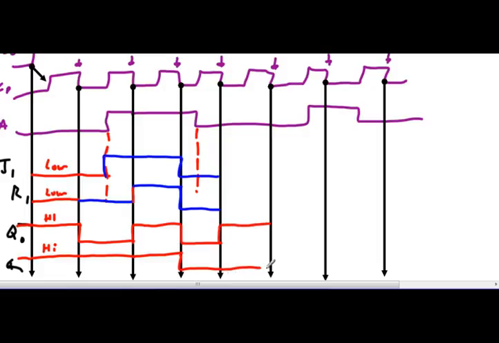Q1 stays the same because we're at a 0, 0, which is a hold. The clock pulse happens again. It toggles for Q0, but I'm still on a hold. Okay, so I'm 0 across there.